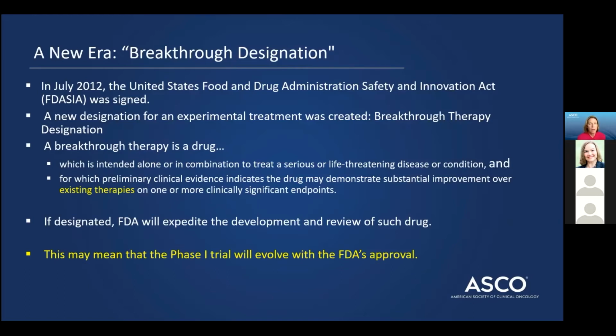So if a drug receives this breakthrough designation, then the company whose drug it is, or whoever has the drug, the FDA will expedite the development and review of such drug. And what that means is that the trial that is already ongoing will evolve in consultation with the FDA to move it through to receive approval.